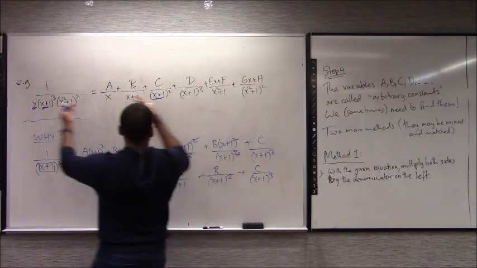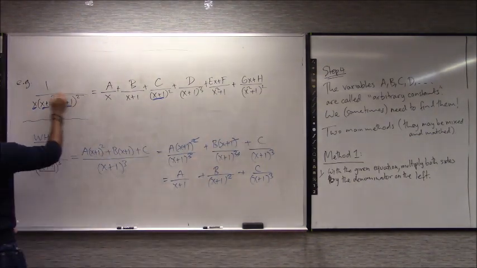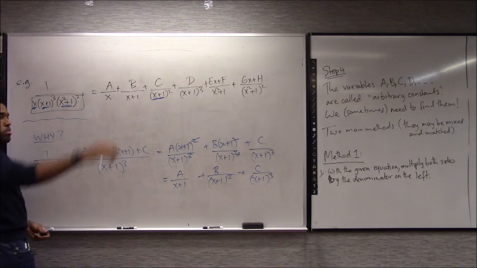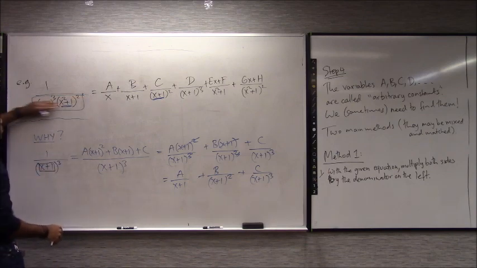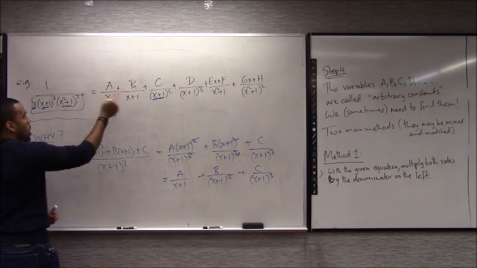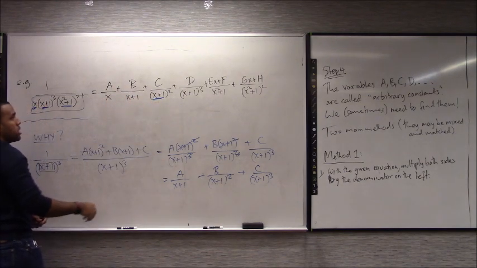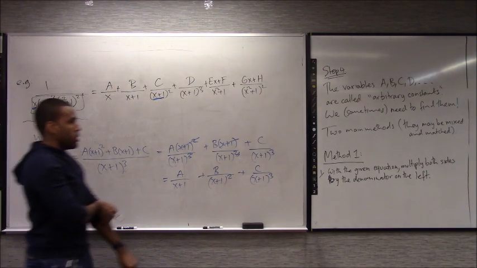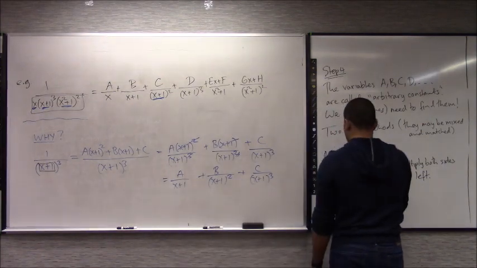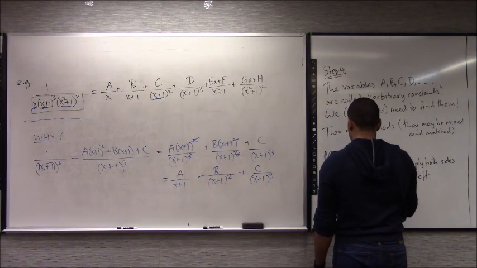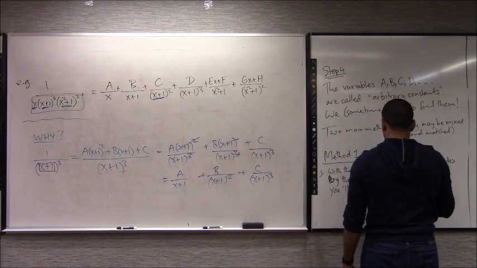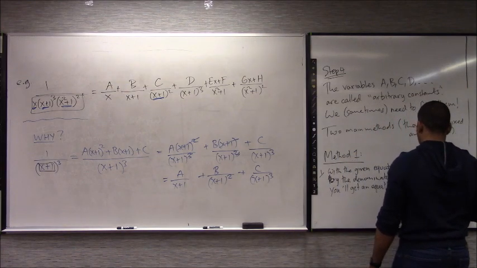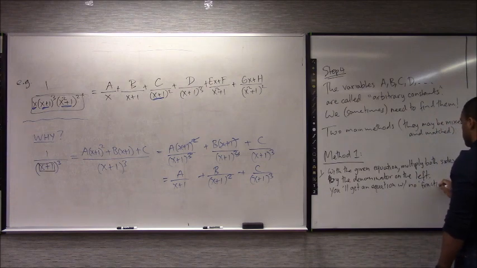So you have something like this, what you're going to do is take this guy here, multiply both sides by it. It will clear all denominators because it's going to completely wipe this guy out, but then it's going to wipe out specific factors over here, and you're going to be left over with something else. You'll get an equation with no fractions.